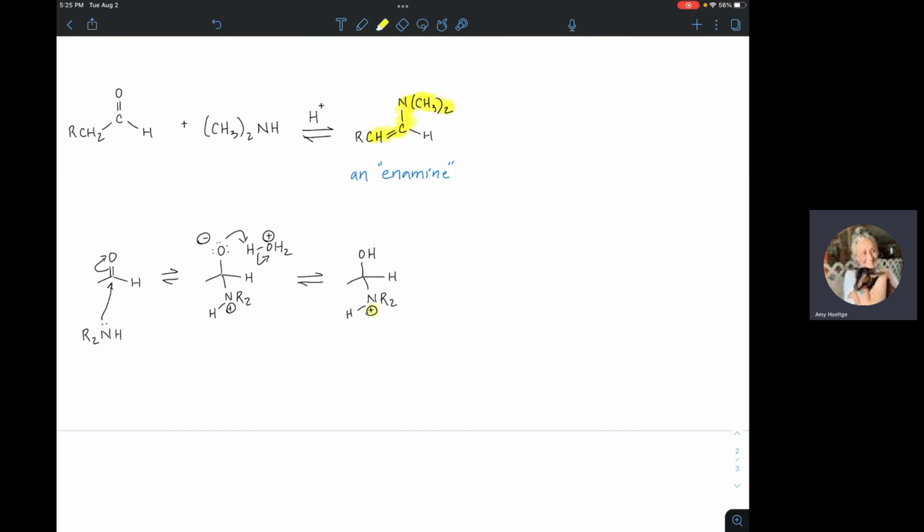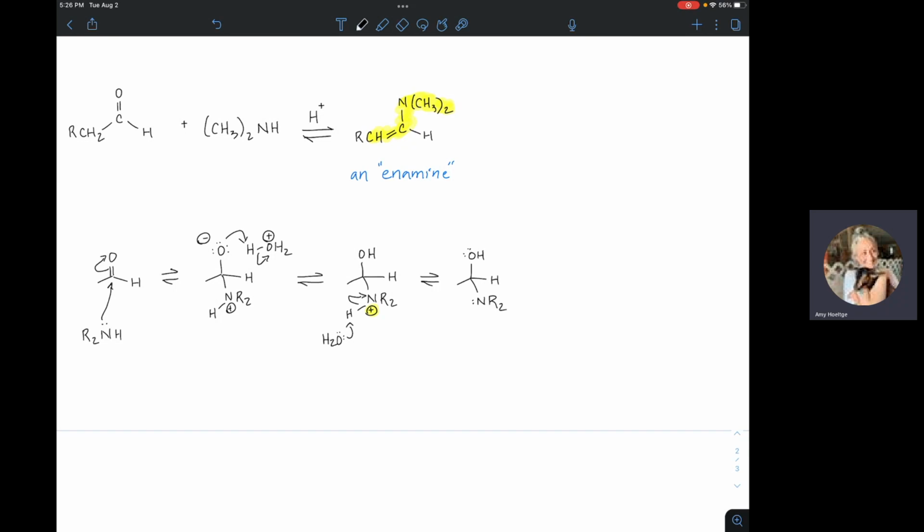So there's that protonated tetrahedral intermediate that we were calling number 1 before. Water can come by, grab that hydrogen, return the electron density to the nitrogen. And now we have acid in the flask again.